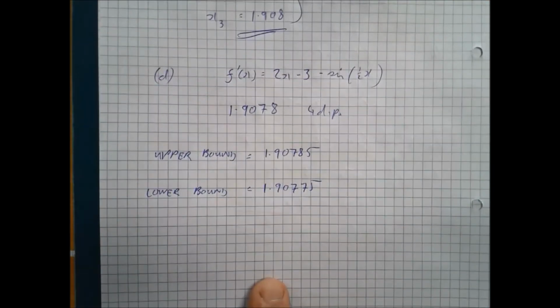Okay, so those are our two bounds. Both of those, or anything below the upper bound, rounded to 4dp gives me 1.9078.